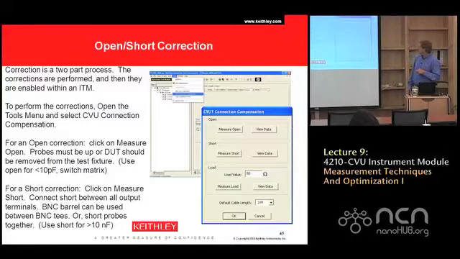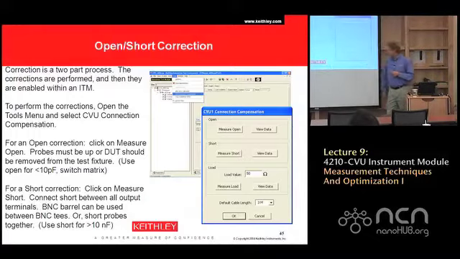That opens up the correction compensation menu, where I can do a measure open, measure short, and measure load. It will prompt you what to do, then make the measurements, and then populate correction tables, which, if you're really a measurement geek like me, you can go in and see what the correction coefficients are if you choose to do that.